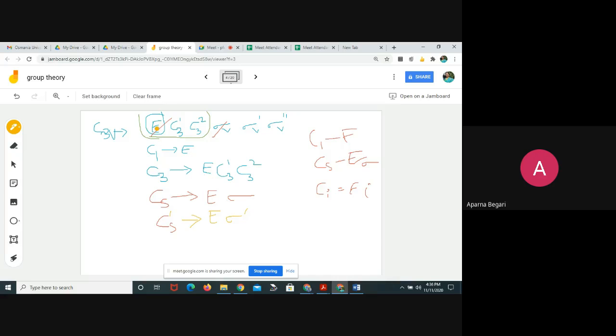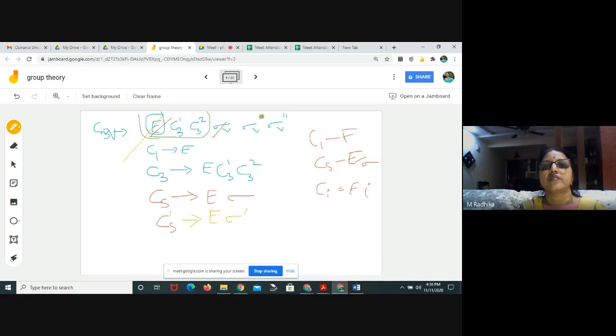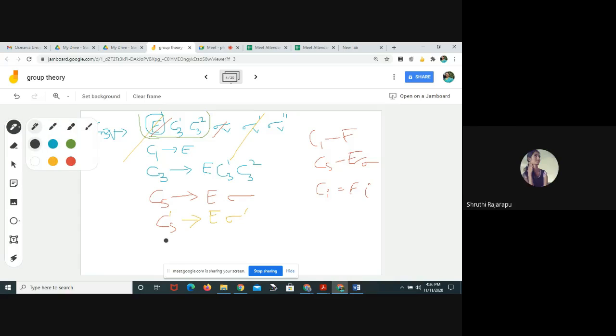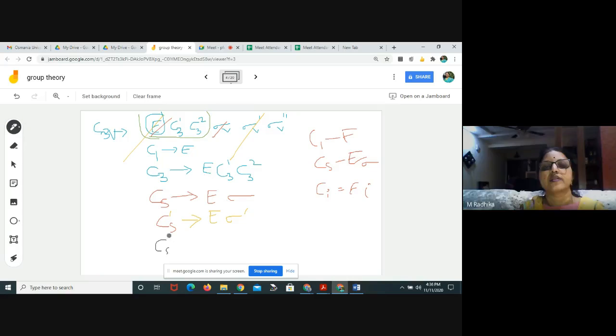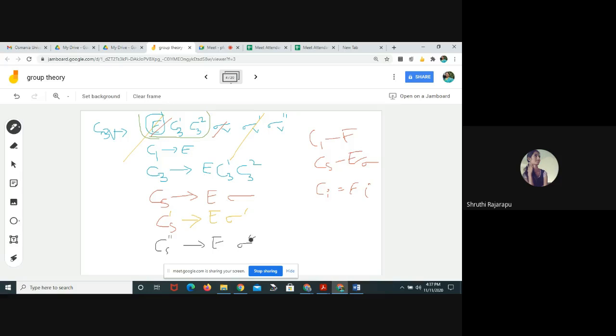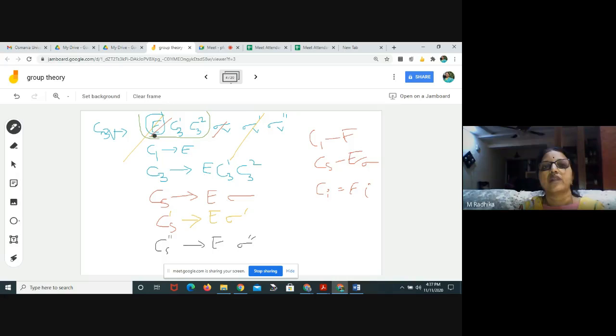So E and sigma V prime. Then one more I will write, Cs double prime, which gives me E. E has to be in all of them, compulsory. Remember that. Then sigma double prime. So I have covered E and sigma double prime also.